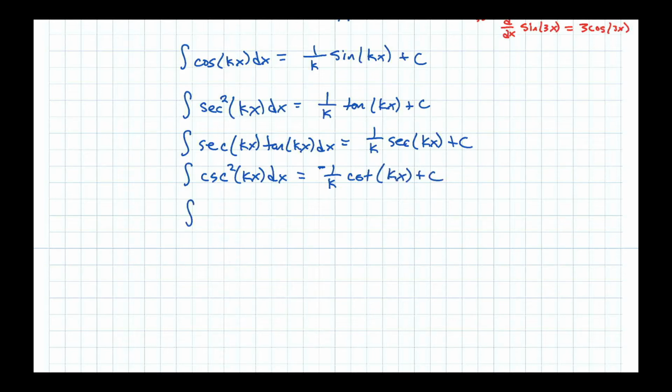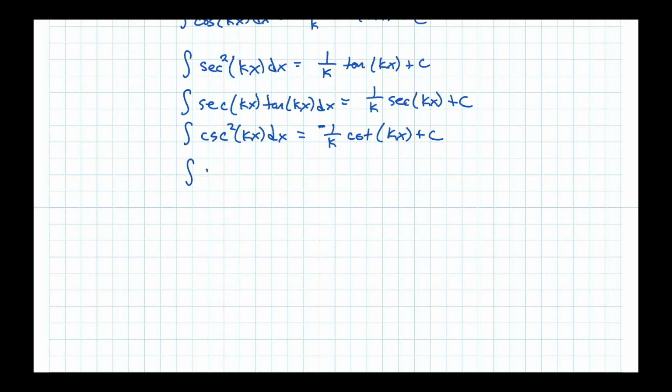And then finally, we got cosecant cotangent. The integral of cosecant kx cotangent kx dx is going to be 1 over k, and this is the derivative of the cosecant, at least it is if you put a minus sign on it. There you go.